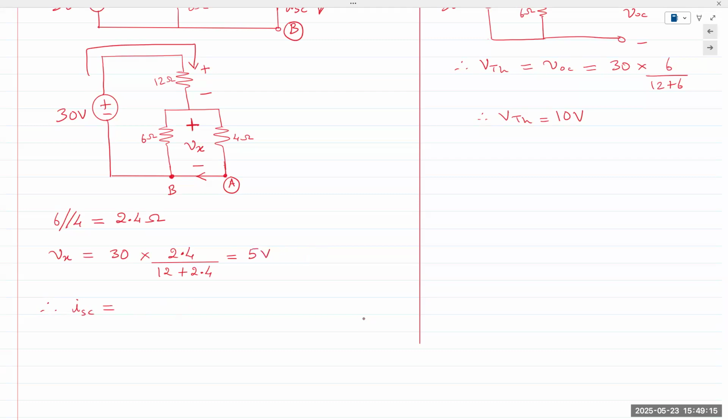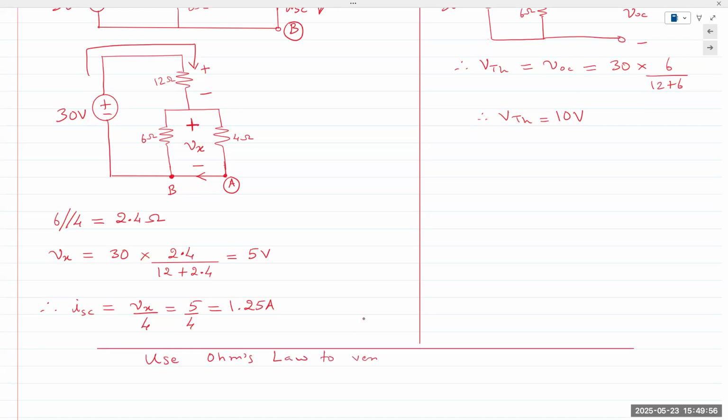So the final answer for ISC is... Let's check, which is where we use Ohm's law at the end. Use Ohm's law to verify.